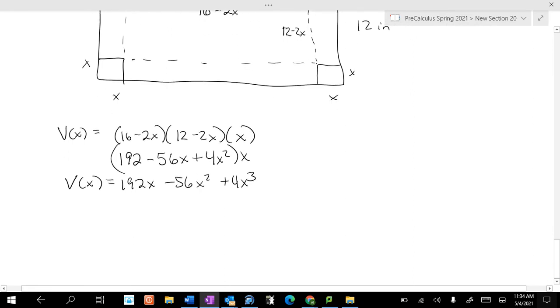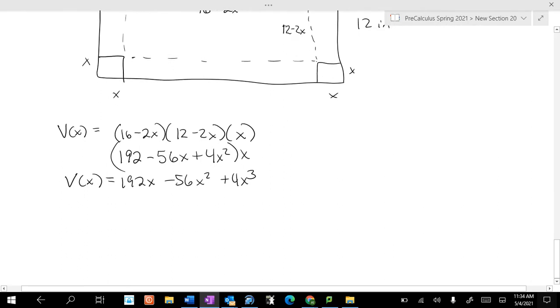Then, to find the value that maximizes the volume, you take the first derivative of the volume. What can factor out of 192, 112, and 12? 4 does.